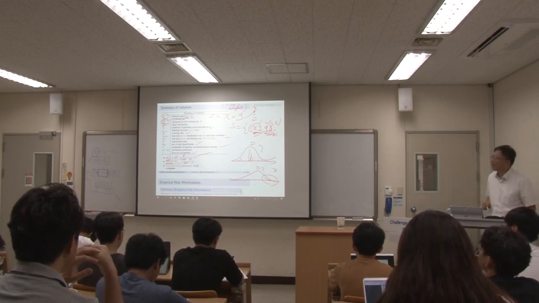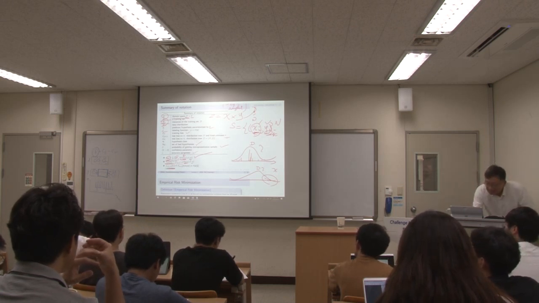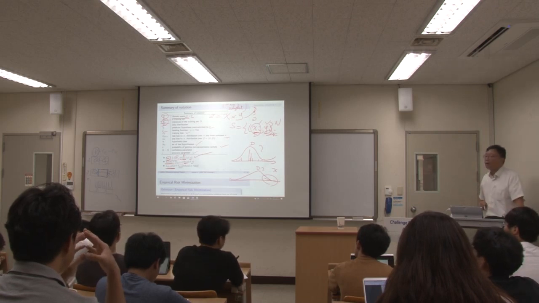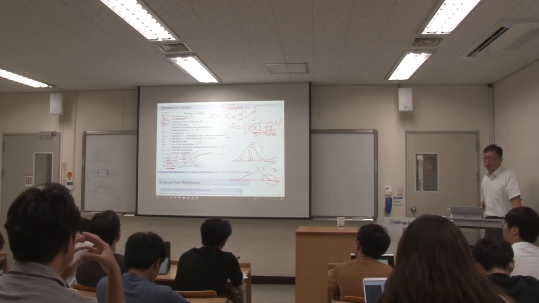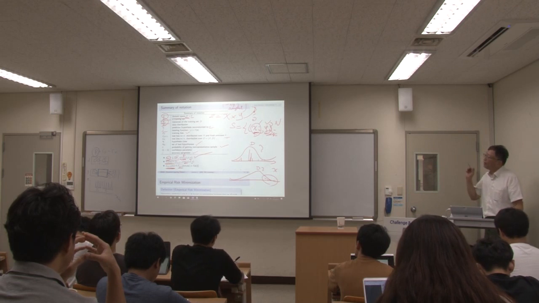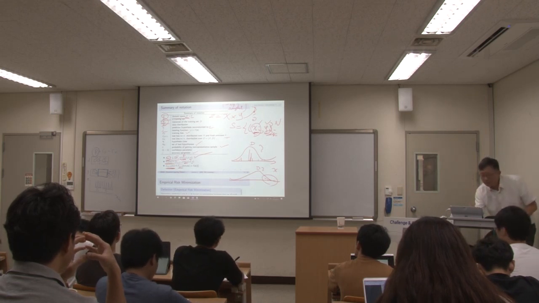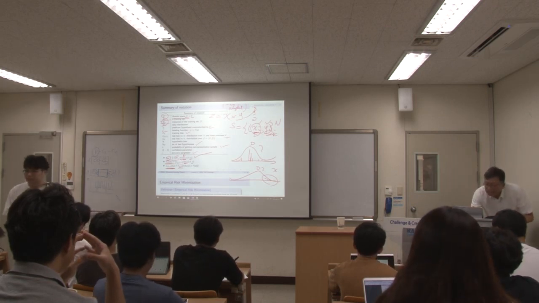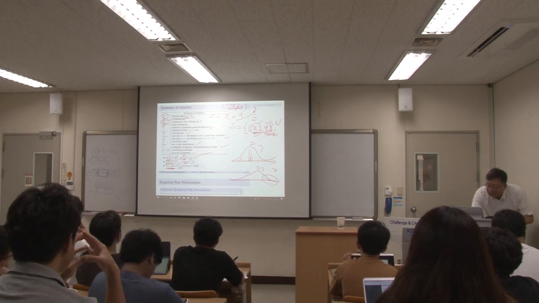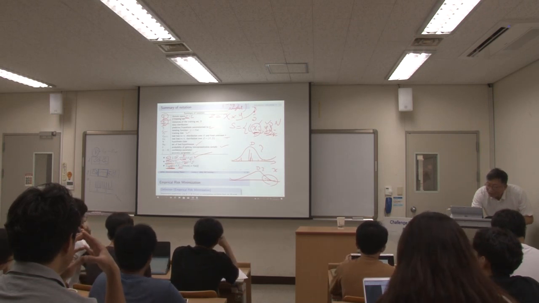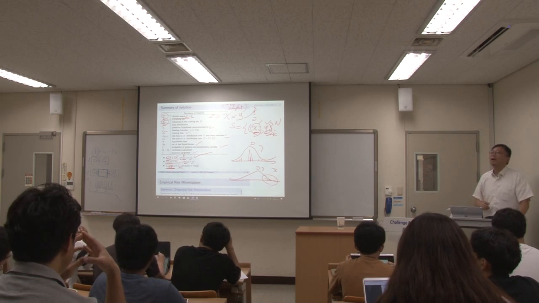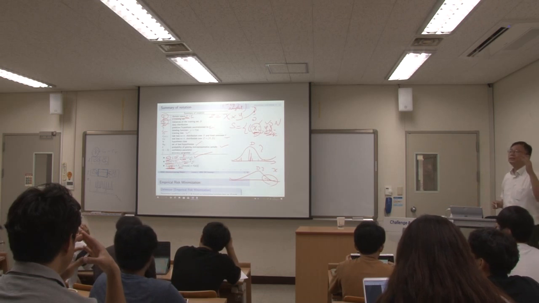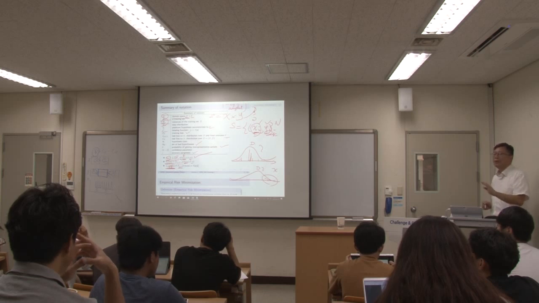LDF, in this case, is similarly defined, but it's only over the data, the X. And here in this case, I'm assuming that the label is assigned by the function F. Okay?